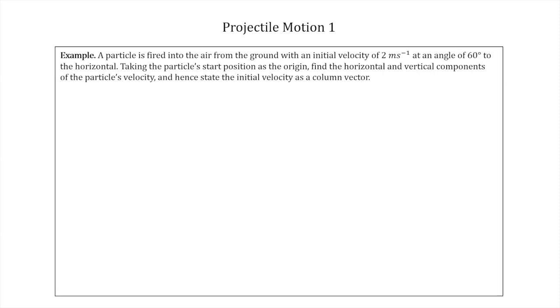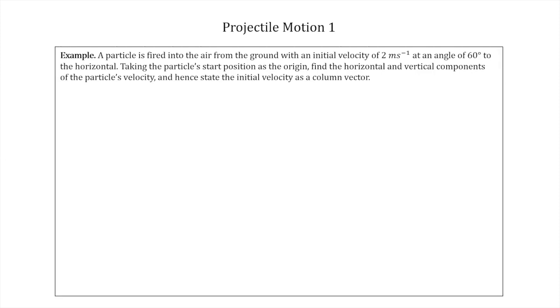So there's a lot there to unpack, but let's just think about it. The particle is fired with an initial velocity of 2 meters per second at an angle of 60 degrees. So it's very important to note that this velocity is a vector. It's always a vector, but when we're talking about one dimension, it's not too important.